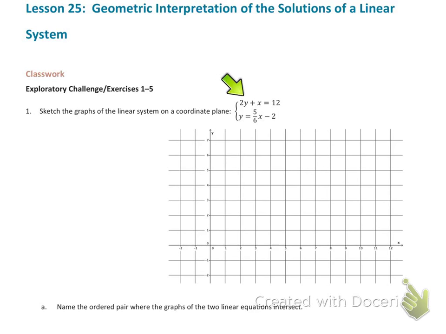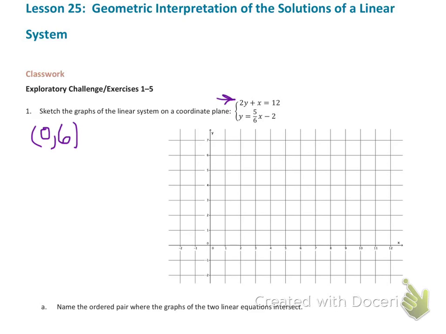First I'm going to let x be 0. If x is 0, I would be left with 2y is equal to 12, so y would be 6. So there's one solution to that first equation. This is going to be my purple equation here.